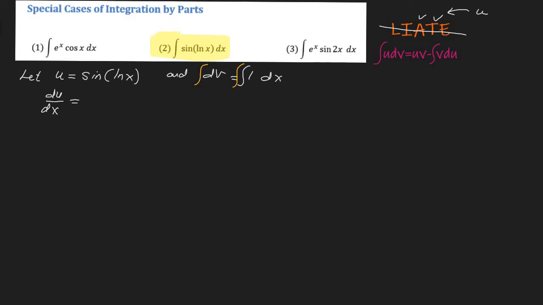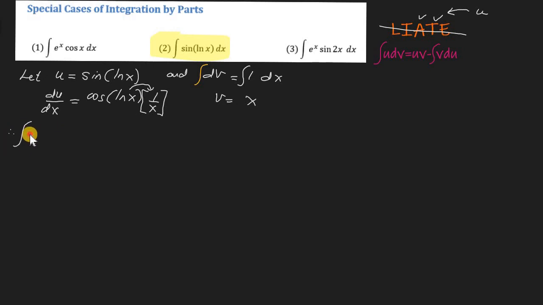So differentiating sine ln x, the derivative of a sine is cosine. And there's a chain rule. We need to differentiate further the inside function. Derivative of ln x is 1 on x. And for this part, the v is x. So let's use the IBP.